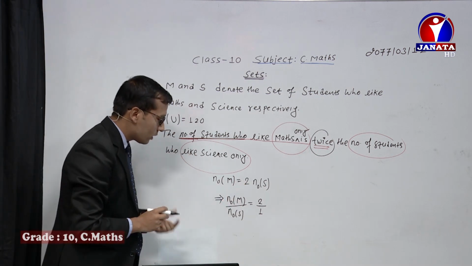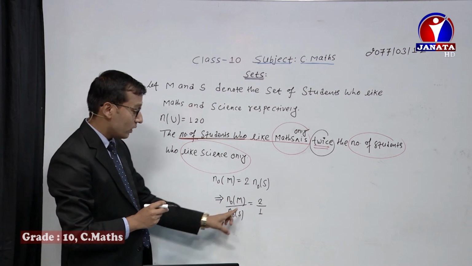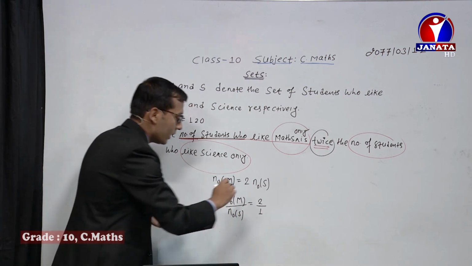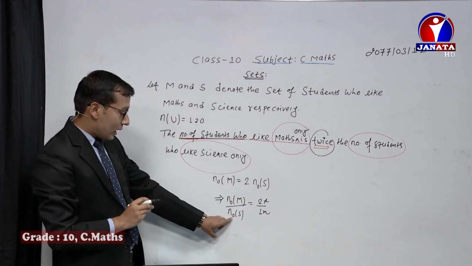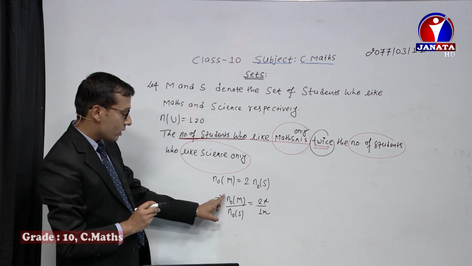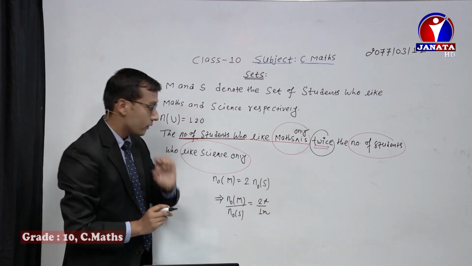So we can suppose now, if the common ratio is x, then n only S is x, and n only M is twice of x.